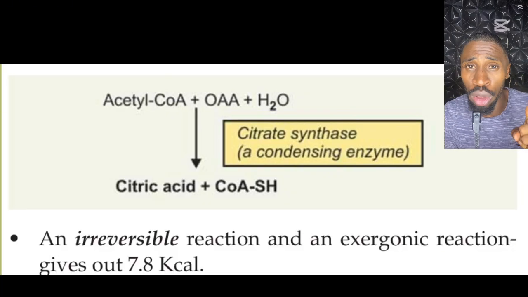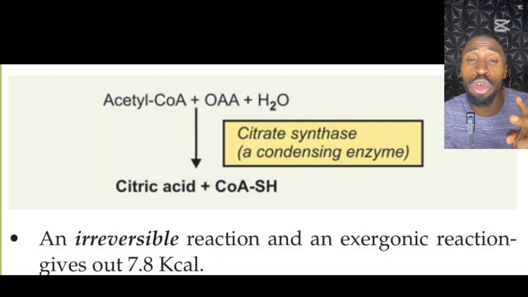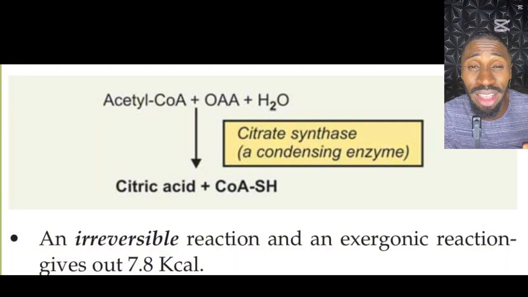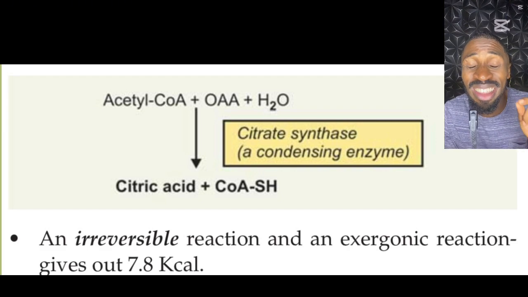Now we have formed acetyl-CoA. Acetyl-CoA is formed from pyruvate. So acetyl-CoA will be condensed with oxaloacetate to form citrate. So the first reaction here is the formation of citrate. It's an irreversible reaction. The condensing enzyme here is citrate synthase.